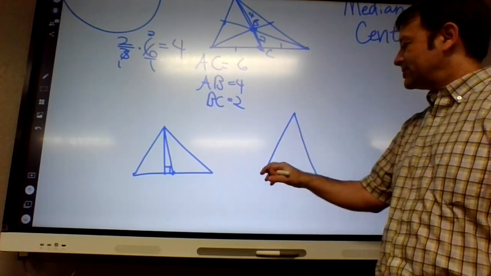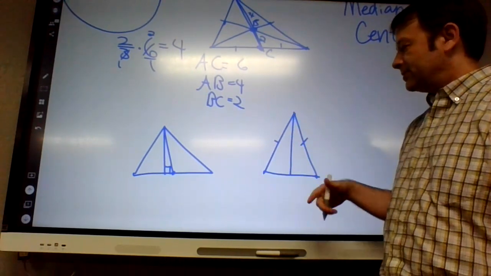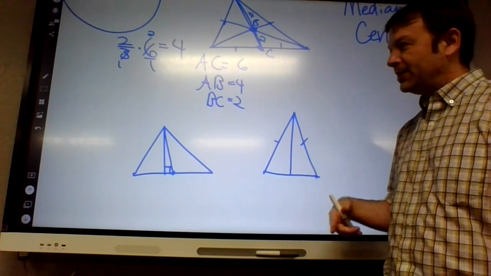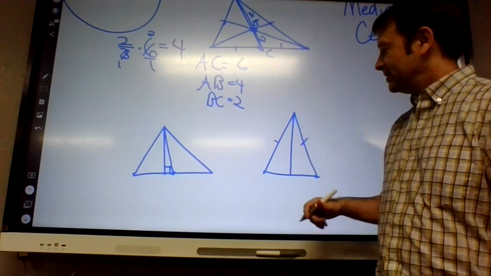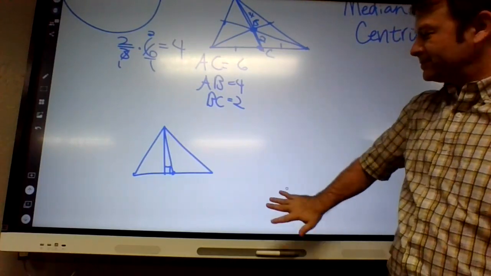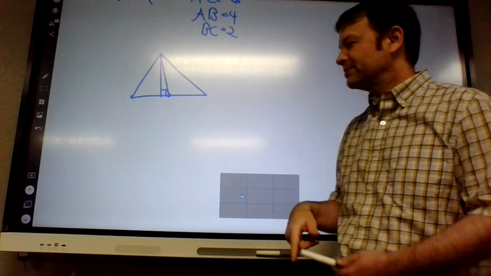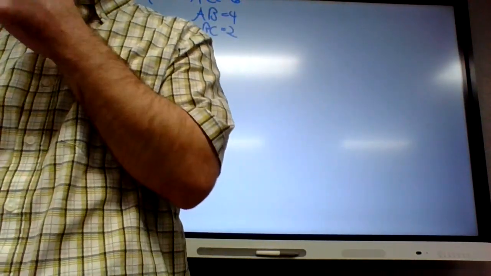If it's balanced like this, the median, perpendicular bisector, altitude and angle bisector are all of the above. But most triangles, that's not going to happen. They're not going to trick us like that.